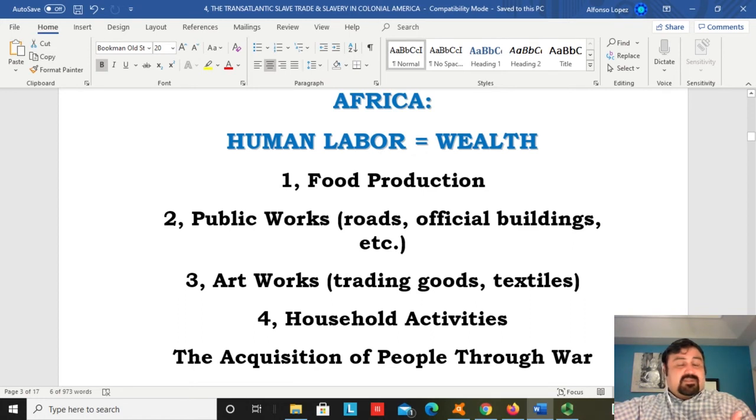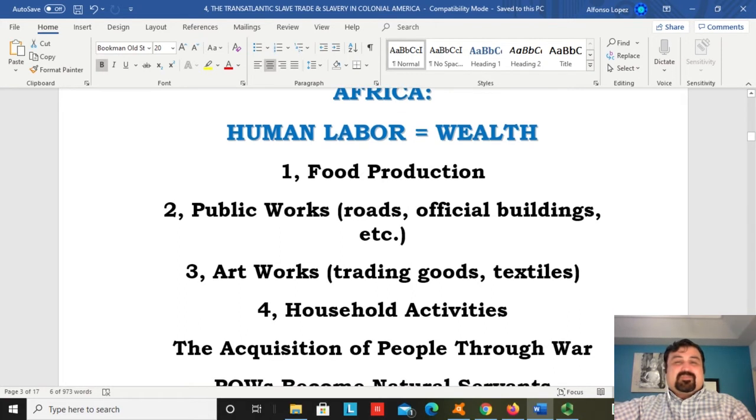And food is of utmost importance in Africa. Without food, you cannot sustain a community. So you need labor to generate that food. If you're commanding that labor, and people simply see you as the legitimate ruler or leader and obey your command, that is very important. You're actually doing something to sustain a community. You're building wealth, and wealth is measured by, of course, the ability to produce food.